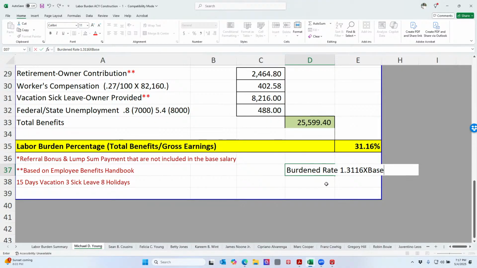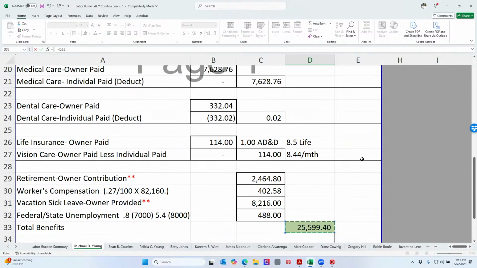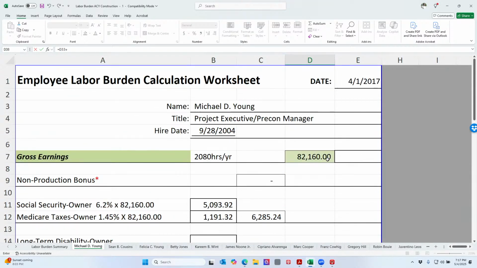Now if I want to break this back into an hourly rate, I'm going to add my 25 plus my 82, and then divide it by that magic number I gave you. Remember that magic number? How many hours in a year? 2,080. I'm going to divide this by 2,080.